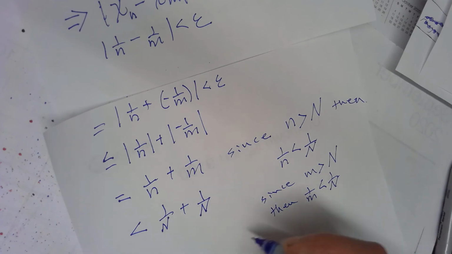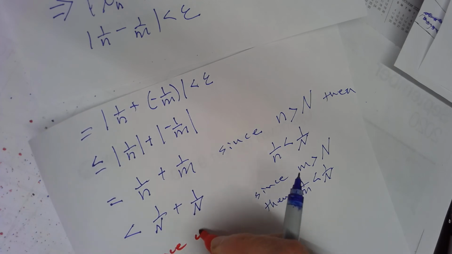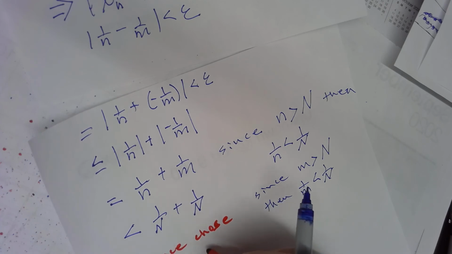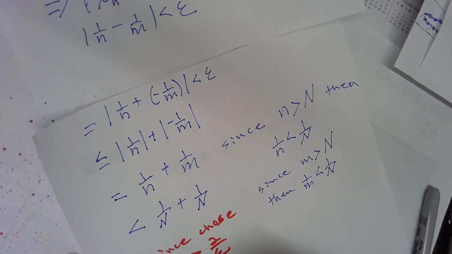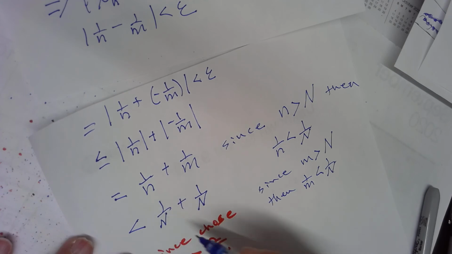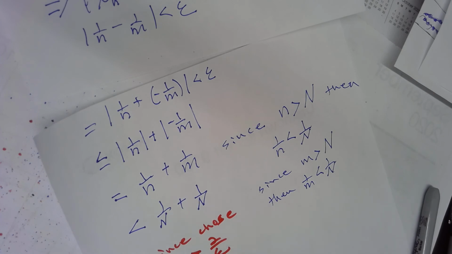And since we chose N to be greater than 2 over epsilon, this is going to be less than 1 over that, like we did over here. So this will be 1 over 2 over epsilon plus 1 over 2 over epsilon.